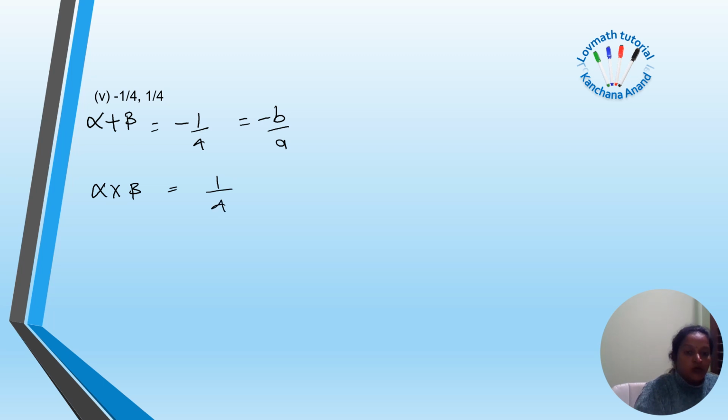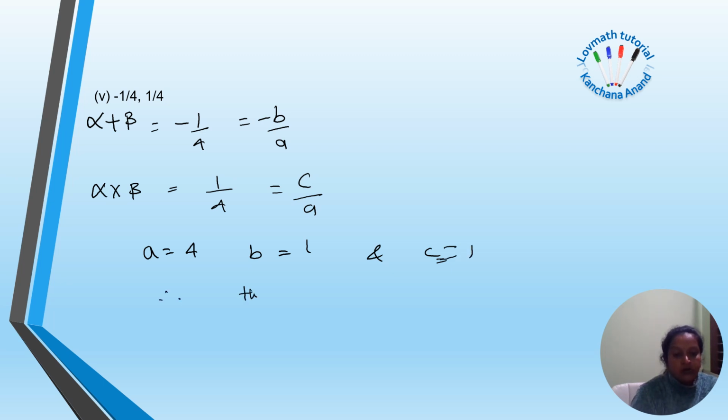Now let us jump to the next problem. Here the sum of zeros, that is alpha plus beta, is equal to minus 1 by 4, which is equal to minus b by a, and the product of zeros alpha into beta is equal to 1 divided by 4, which is equal to c by a. In this problem we can easily say that a is equal to 4 and b is equal to 1 and c is equal to 1.